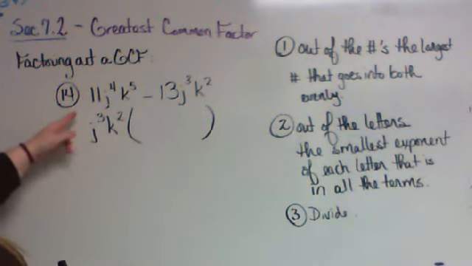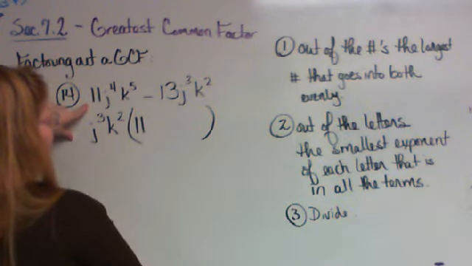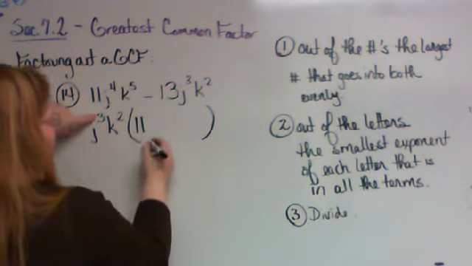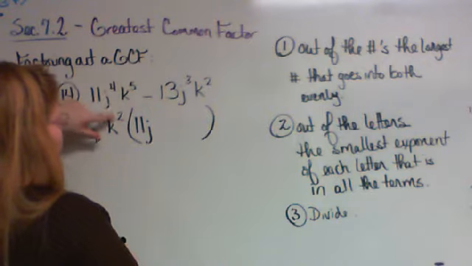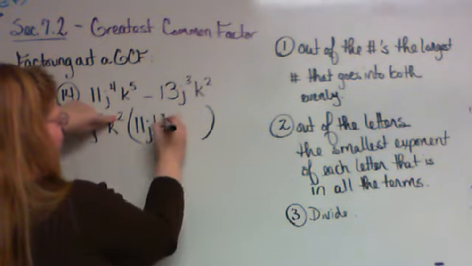So you could say, I'm going to have 11 left, because 11 over 1 is 11. And then 4 minus the 3 that we took out leaves me with 1 J, and 5 minus the 2 that we take out leaves me with 3 K's.